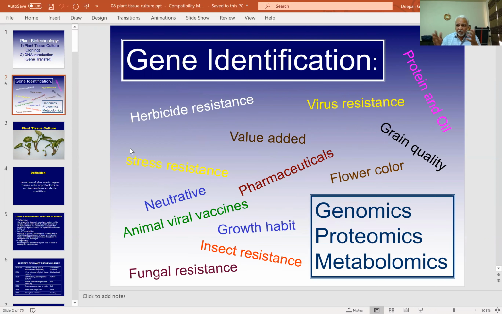This gene transfer involves the gene identification for a particular process. It can be stress resistance, herbicide resistance, viral resistance, bacterial resistance, fungal resistance, insect resistance, or improving the nutritional value of the produce. Okay, so this part we will see subsequently, but we'll focus on the plant tissue culture aspects.